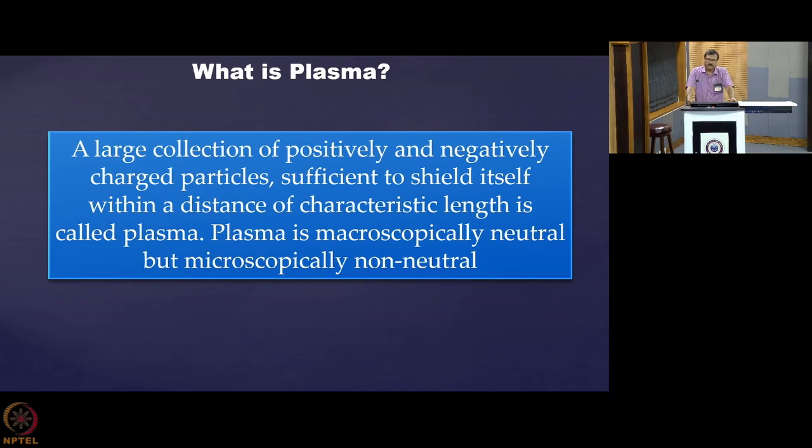So when we are thinking of a system which is called a plasma, definitely we are thinking of a large collection of positively and negatively charged particles, and those negatively charged particles are usually the electrons, and positively charged particles are usually ions, that may be single ion or double ion or triple ion depending on the temperature of the plasma. And the system should have a volume large enough so that it can shield itself within the volume. So that is what we are calling a characteristic length.